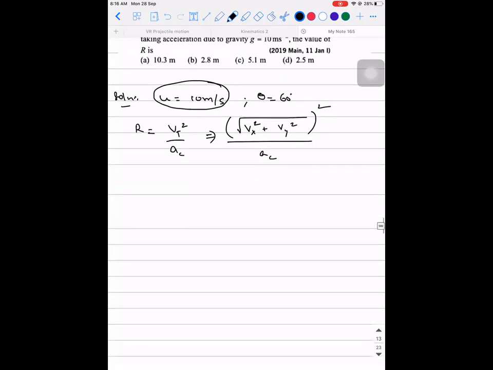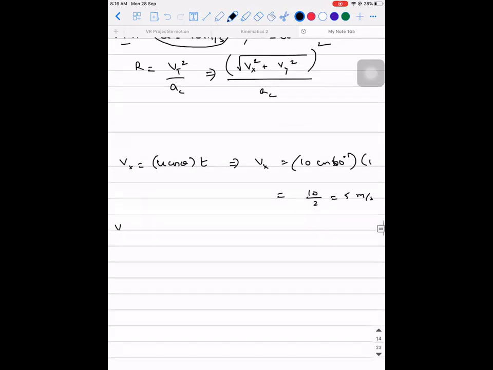What is the value of Vx? It is u cos theta, because acceleration along the x direction is 0, so Vx is 10 cos 60 degrees, which is half of 10, so it is 5 meters per second.